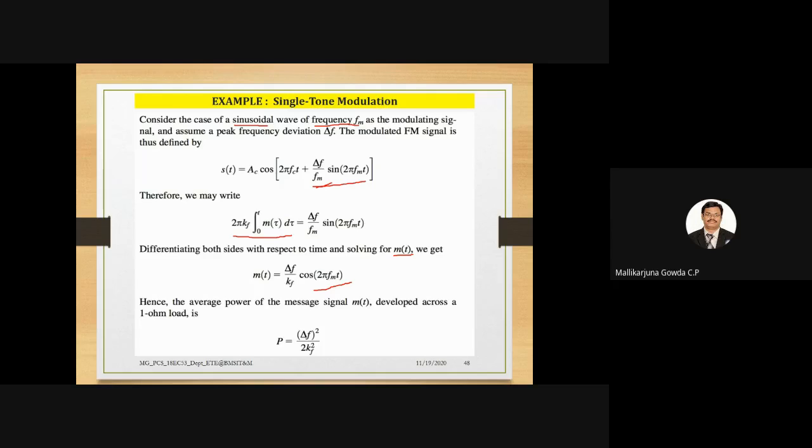Then on the RHS, delta f by fm into the derivative of sine of 2 pi fm t, which is cos of 2 pi fm t into 2 pi fm, right? So that 2 pi will get cancelled, and fm will also get cancelled. So I can write m of t equal to delta f divided by kf, since kf was on the LHS side, into cosine of 2 pi fm t. Yes, is this fine?